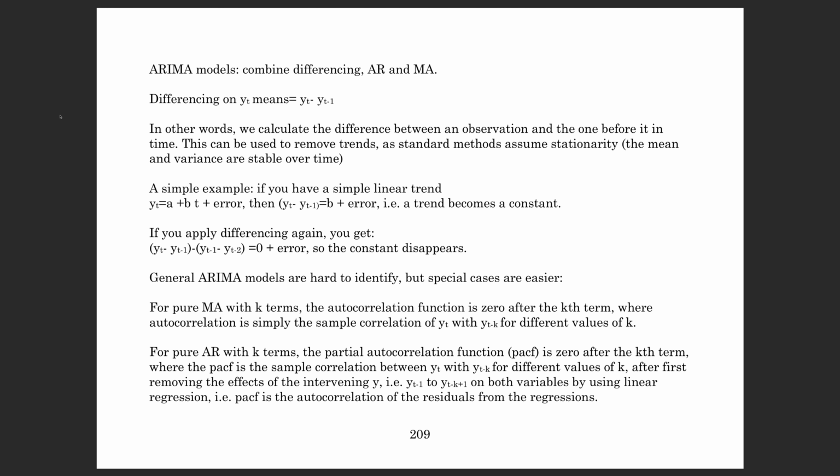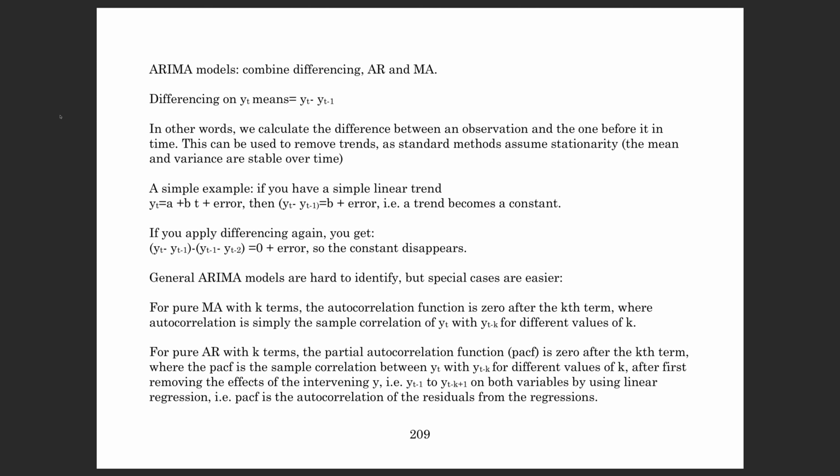ARIMA models combine differencing, AR, and MA. Okay, so what does differencing actually mean? Differencing means that instead of looking at Y_t, we look at the change between Y_{t-1} and Y_t. You can think of it as helping us to remove trends.